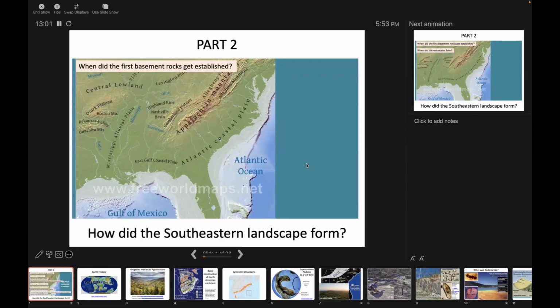The core granitic foundation of every continent. It has a term. All right. Ian, do you know it? Starts with a C. R. It's called a craton. So the cratons are the core foundational rocks of each continent.